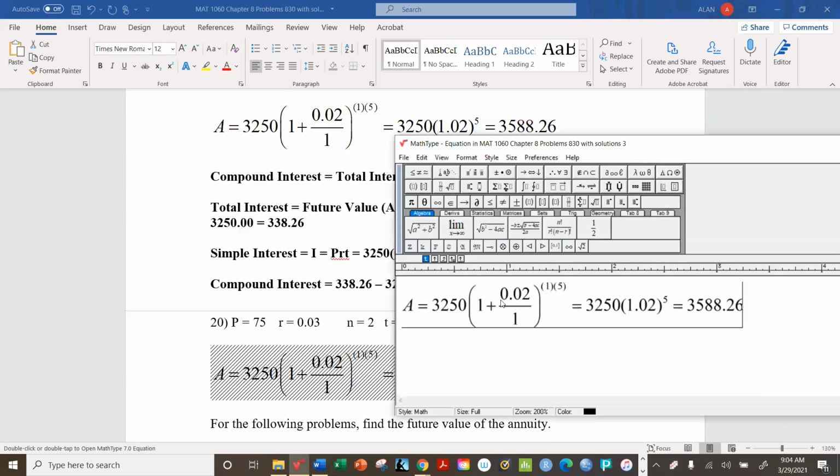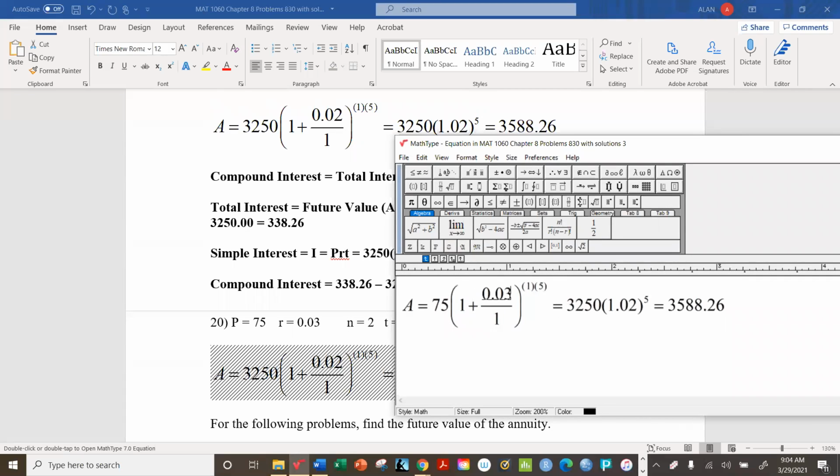All right, so what do we have? 75, 3%, but twice a year is the compounding. And it also is a 6-year investment.